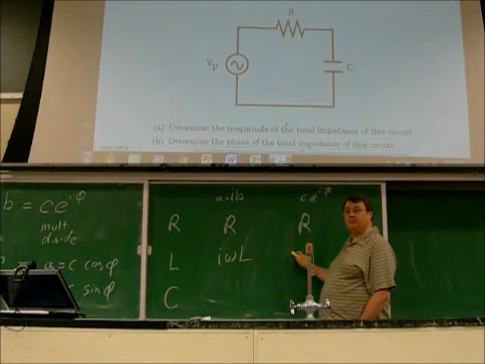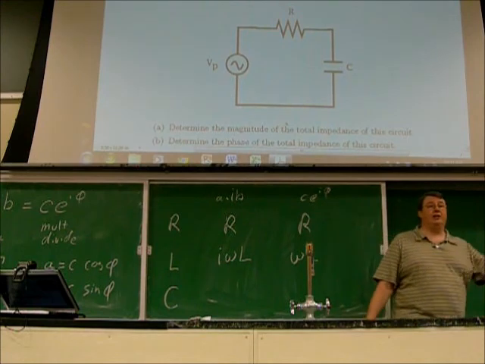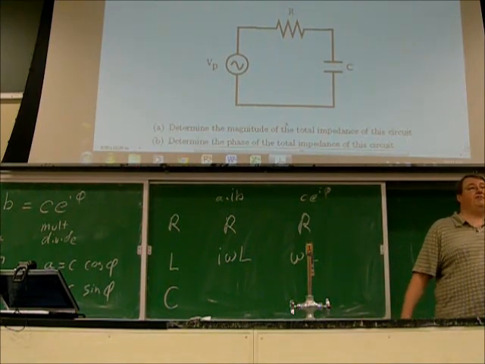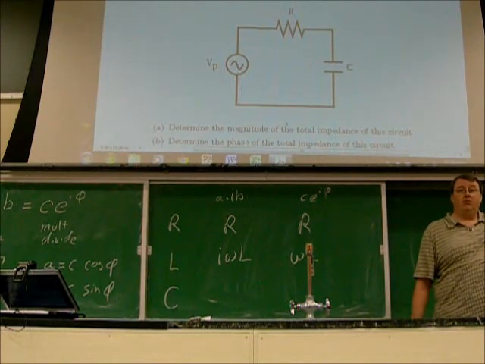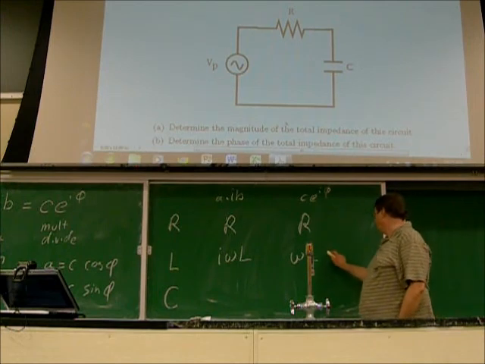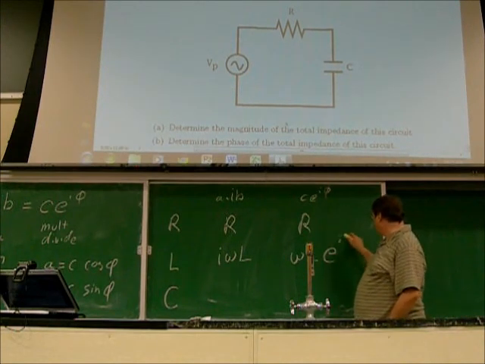What's the amount? Omega L. And what's the direction if you're in the positive i coordinate? Not 0. Pi over 2, or 90 degrees. But since we're getting into fancier mathematics, we'll stick to radians.